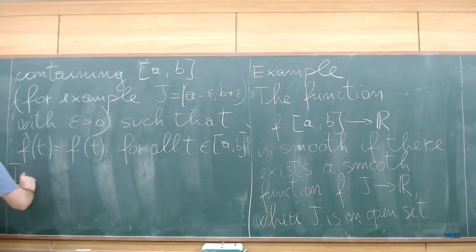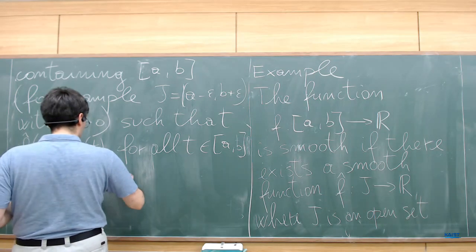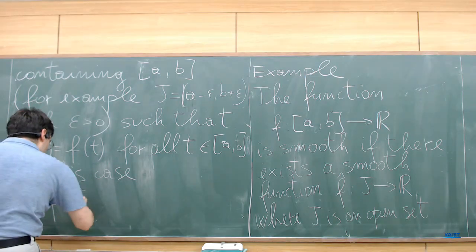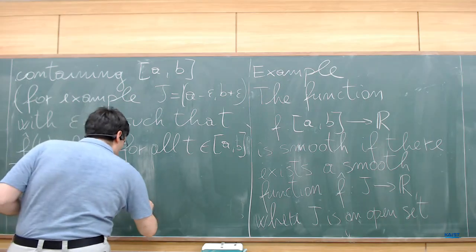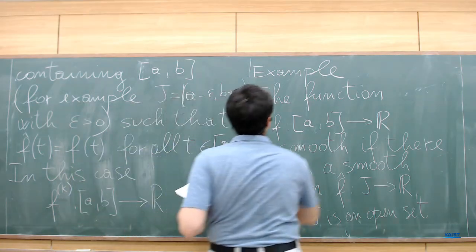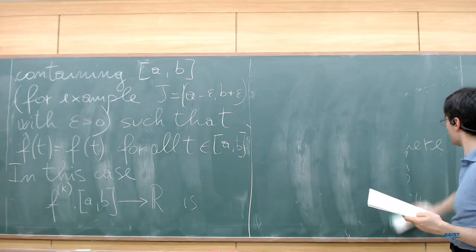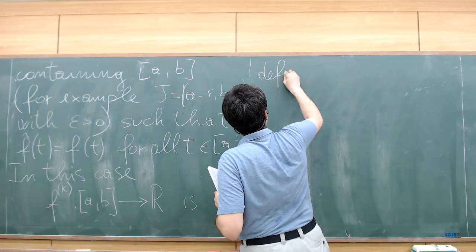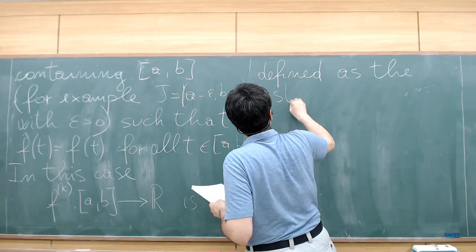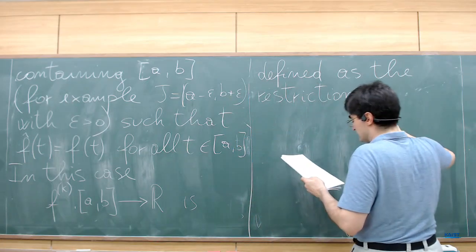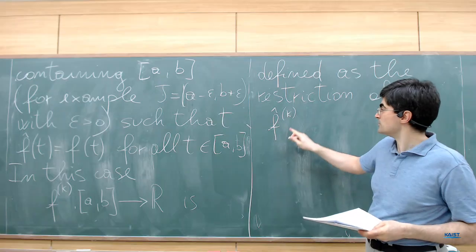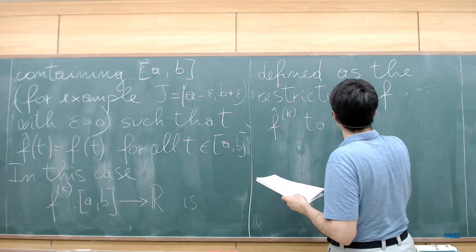In this case, the kth order derivative of f defined on the closed interval [a,b] with values in R is defined as the restriction of f hat k, that is the kth order derivative of f hat, to the closed interval [a,b].